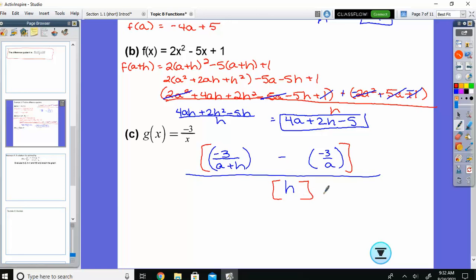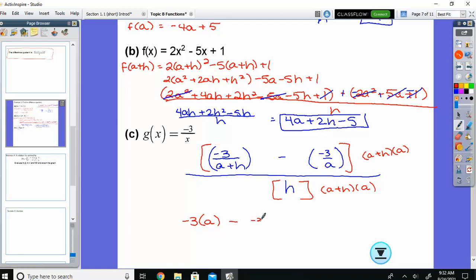So let's try. Let's see if we can do this in one step without confusing ourselves. I'm going to take top and bottom times a plus h times a. In the first one, the a plus h's cancel, so you're left with negative 3 times just the a.